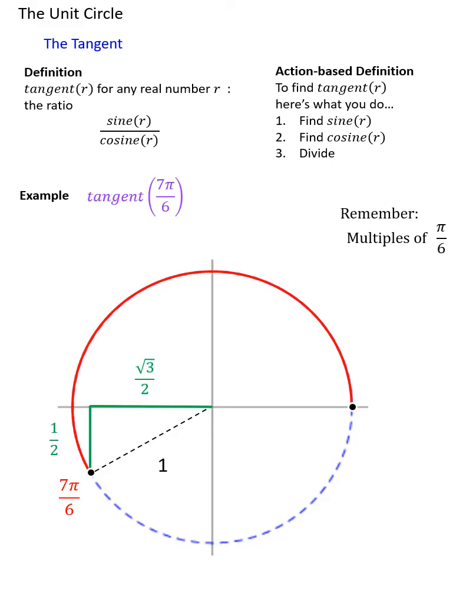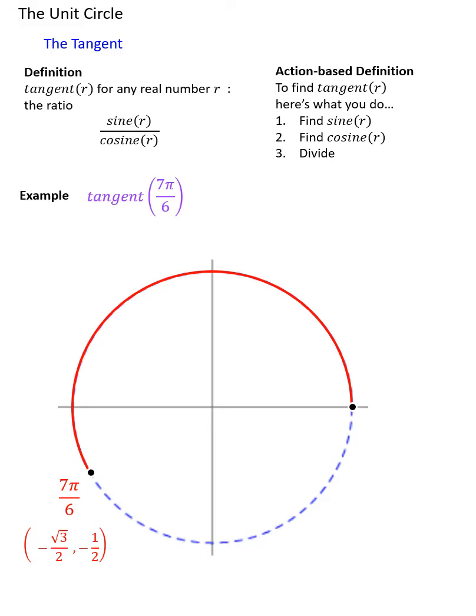If you need to rewind to that point, you may want to do that. But once you realize, oh, I have a multiple of pi over 6, and so I'm going to have these as my x and y coordinate, then you know what the coordinates of that point are. Notice I put two negatives here because we're in quadrant 3. Of course, all coordinates in quadrant 3 are a negative number, comma, a negative number.